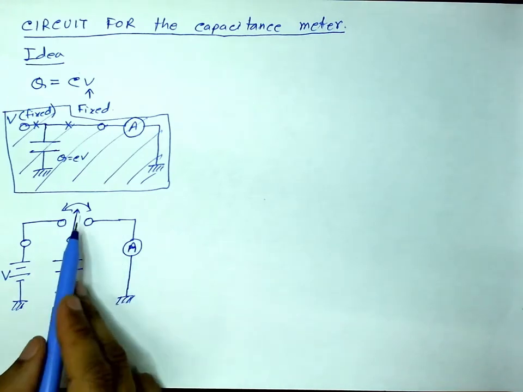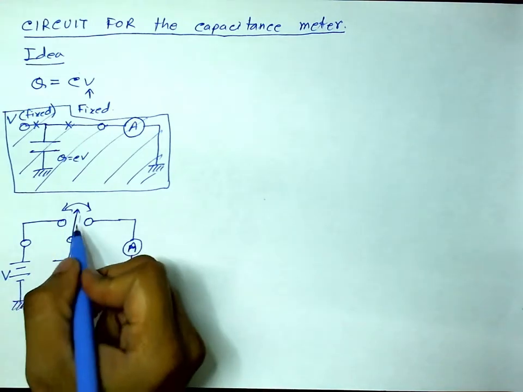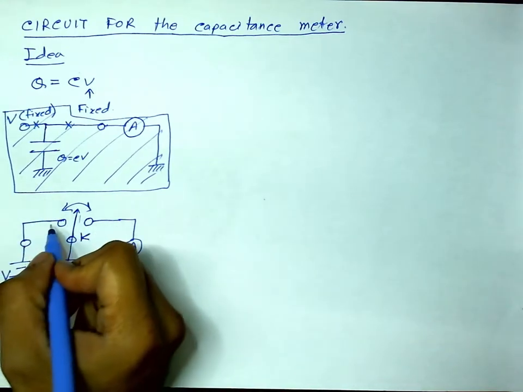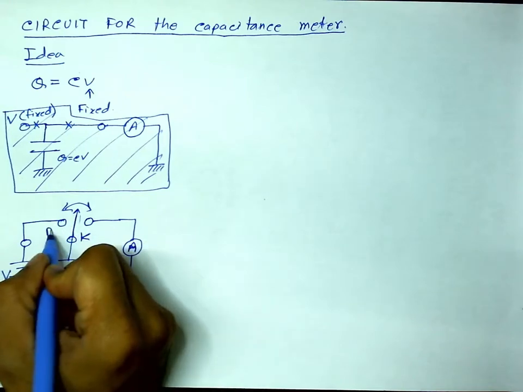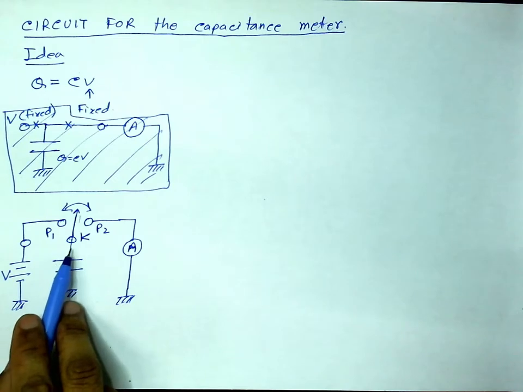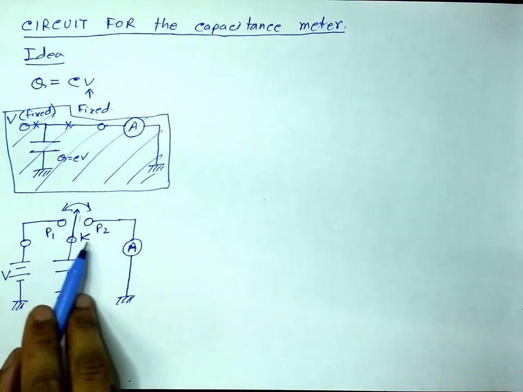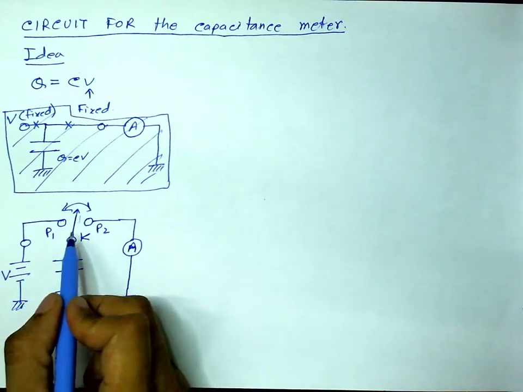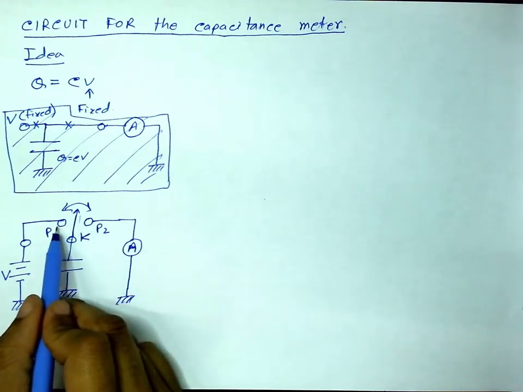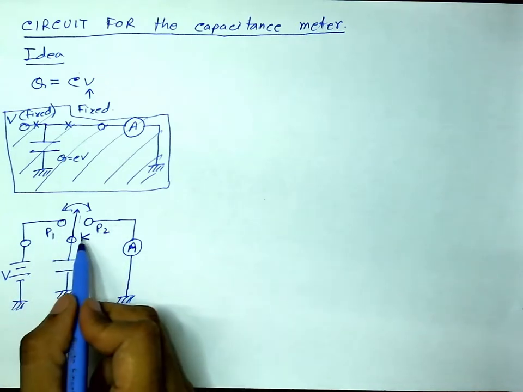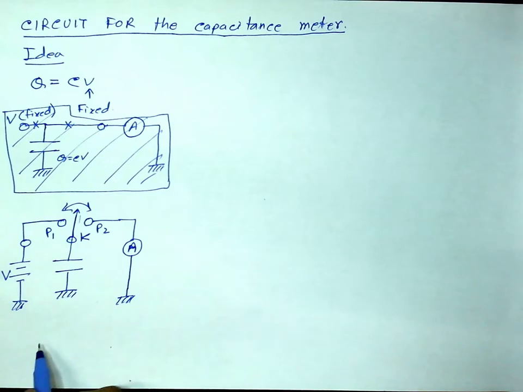I will move this jockey, call this K, and call these two positions position 1, P1, and position 2, P2. I will operate this key K at a regular fixed frequency, at regular intervals. I will connect it first to P1, then to P2, then again to P1, and then to P2, like this.